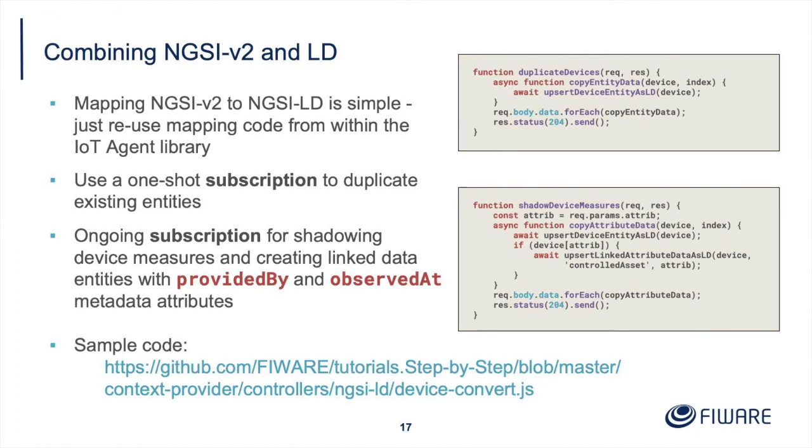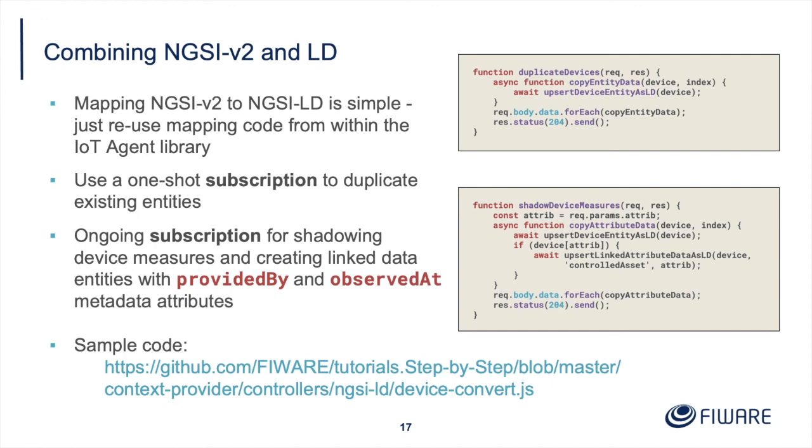Finally, moving on to combining NGSI-LD and V2, there is already a third status for the IoT agent. Not only can you receive NGSI-LD data or NGSI V2 data, you can combine the two.